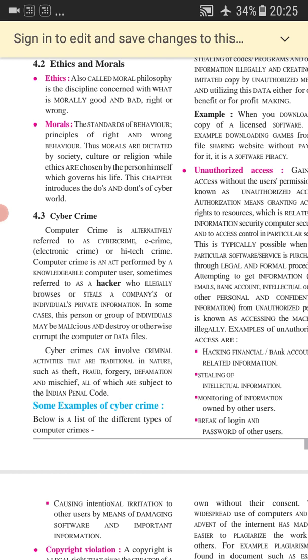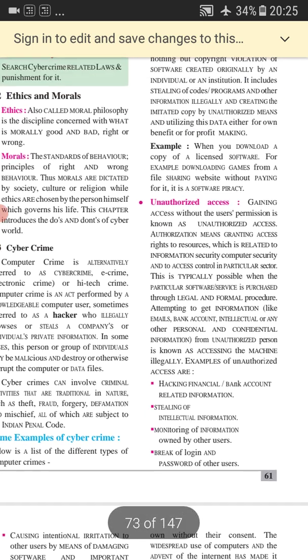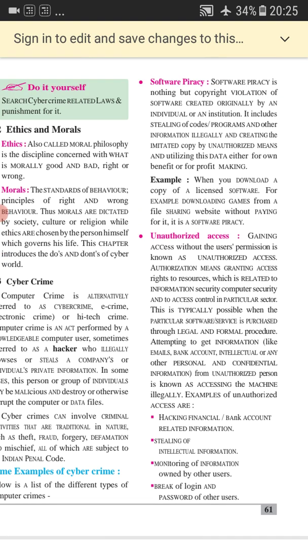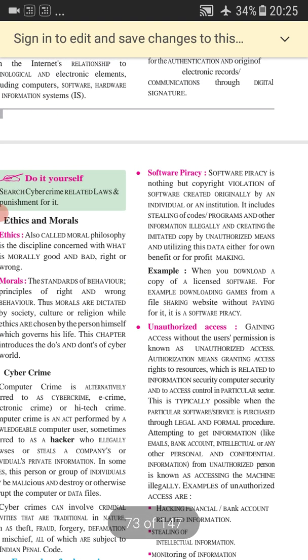Some examples of cybercrime are software piracy. Software piracy is nothing but copyright violation of software created originally by an individual or an institution. For example, someone has created original software, and someone else is using a copy of it without the permission of the author who originally created it.